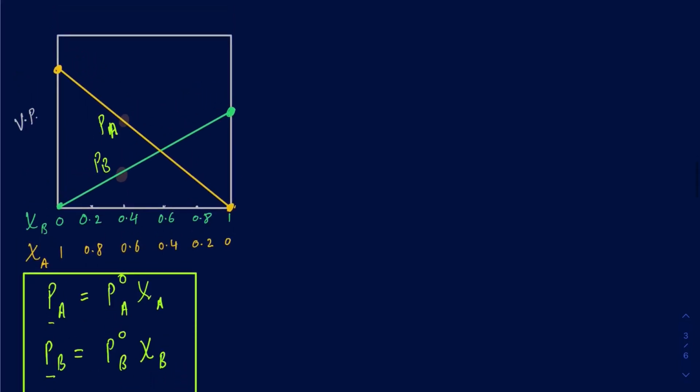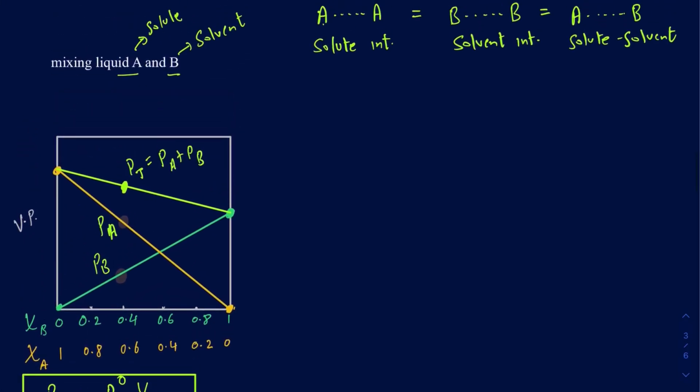So when we go back to this chart, I can draw a line that meets the maximum vapor pressure. Another way of saying this: this point right there is going to be the P total, and that's going to be equal to PA plus PB. Now this holds true when the solutions are ideal.